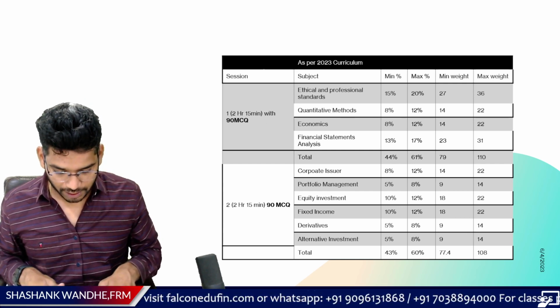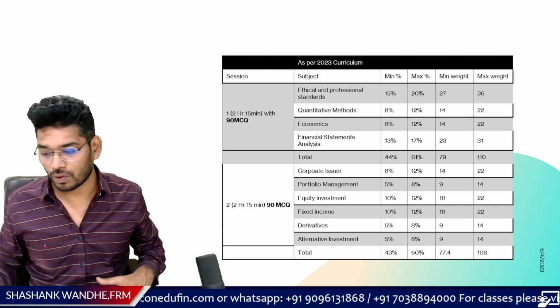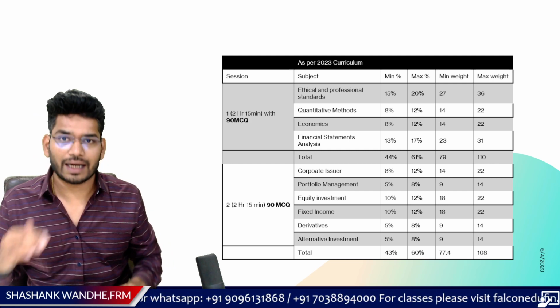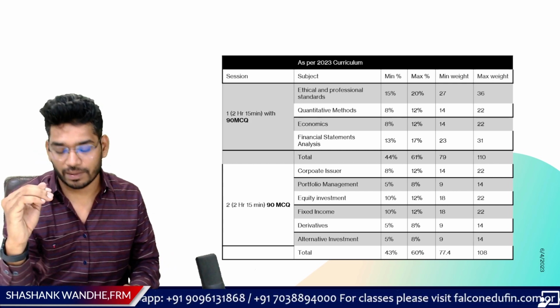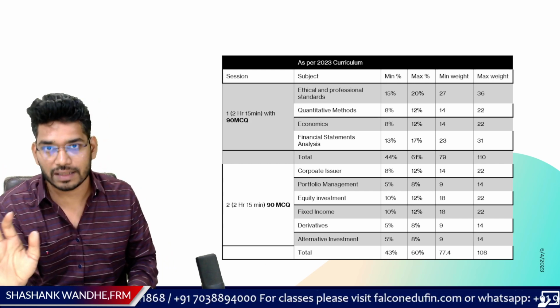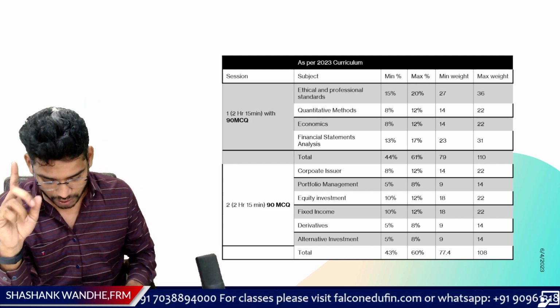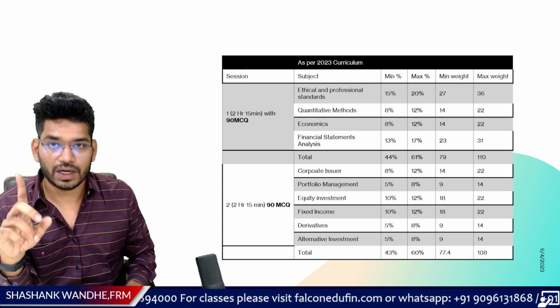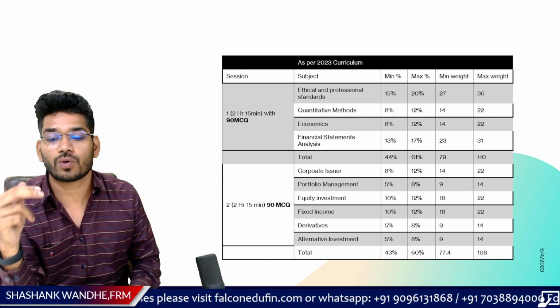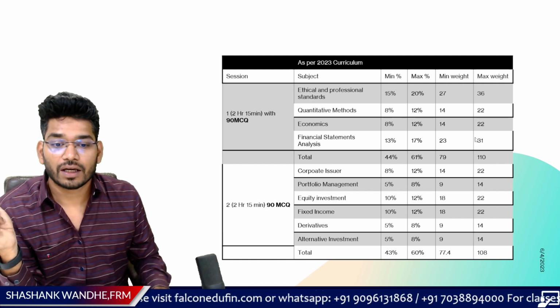To pass, assuming the MPS, minimum passing score, and this is the estimated passing score by different portals, generally 70% is the estimated passing score. So if you score above 70%, then you are likely to clear the examination. Now this 70% comes to 126. So you have to score more than 126.